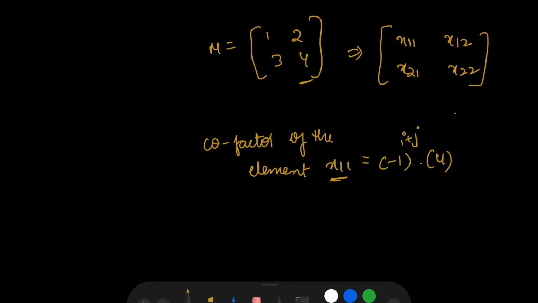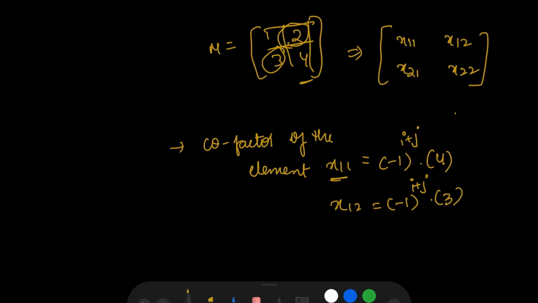Similarly, how do you find the cofactor for the element x12? That is this element. You'll have to ignore the first row and the second column, because the element 2 is present in the first row and the second column, and the leftover element is 3. So this will be minus 1 raised to the power i plus j times 3.